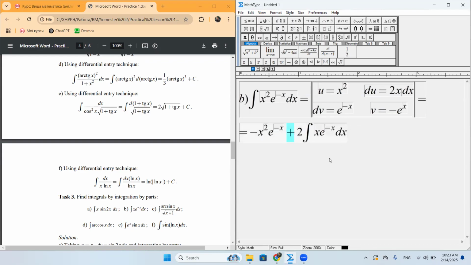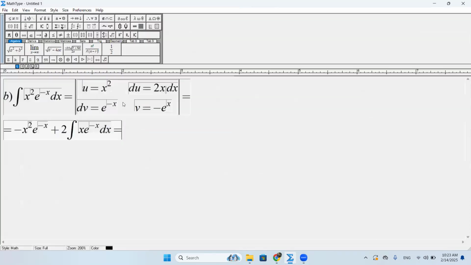Again, pay attention to signs, so we have minus here. So again, we received such an integral, and we have to apply integration by parts once more.